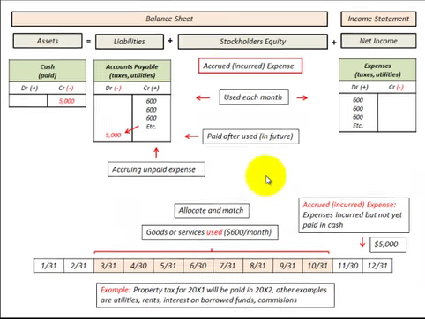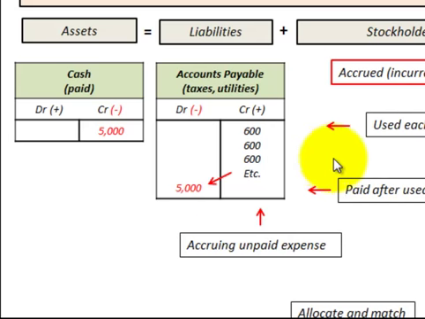So let's just go look here at how we accrue or incur these expenses here in the accounts payable account. Say if, for example, we were using the goods or service here at $600 per month.